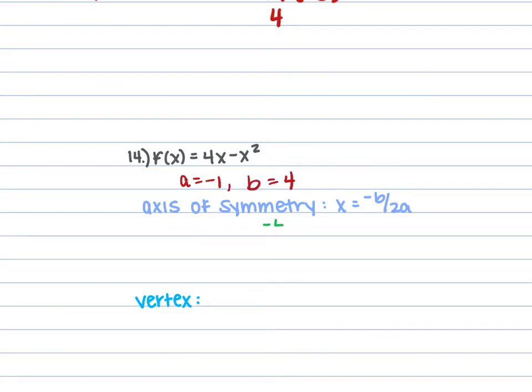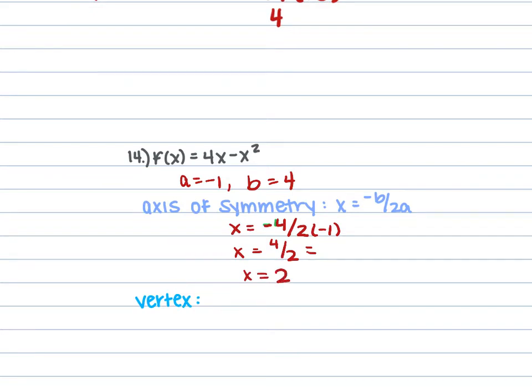So we are going to have x is equal to negative 4 over 2 times negative 1. There we go. So we're going to simplify this. x is equal to 4 over 2, which is x is equal to 2.